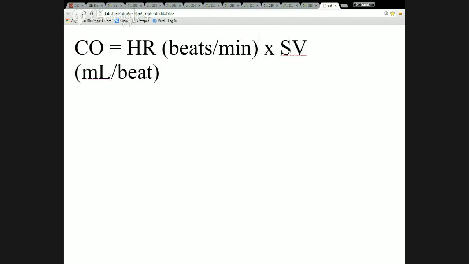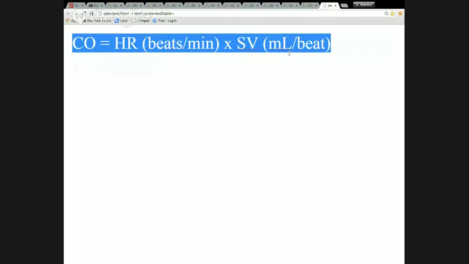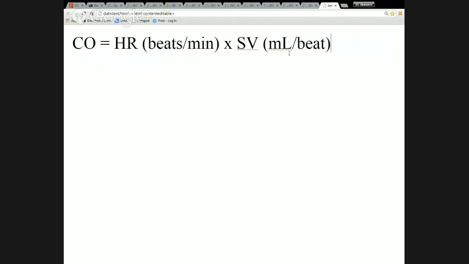Okay. And let me make this smaller. So if we multiply those two together, then cardiac output will have to be beats per minute times milliliters per beat.